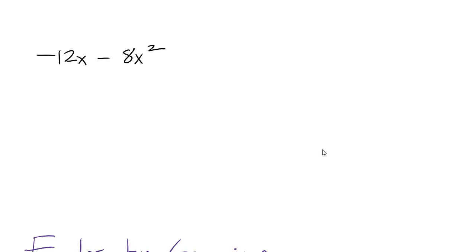So if you have a negative in the front or a negative on both, what you're going to do is factor out the negative sign first. So it's like dividing by -1. You factor out the negative sign, and then everything on the inside would be opposite.